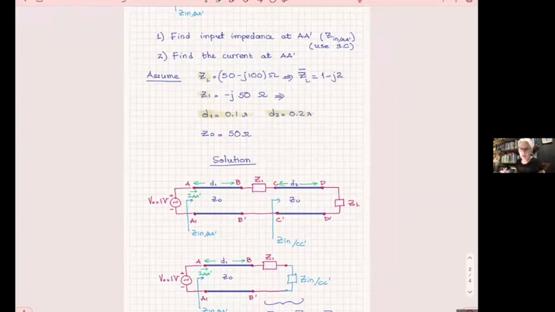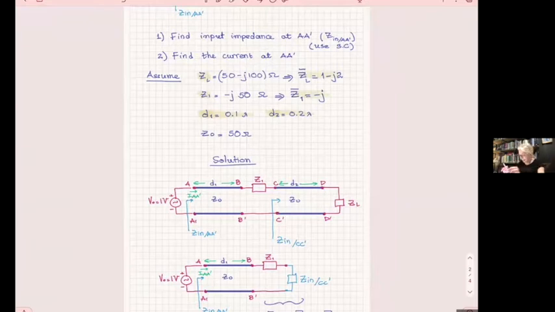The moment I normalize with respect to Z naught that is in ohms, then I lose units in the normalized entities. And then Z1 is minus j, all right? I need these. Without those, I cannot go to the Smith chart.